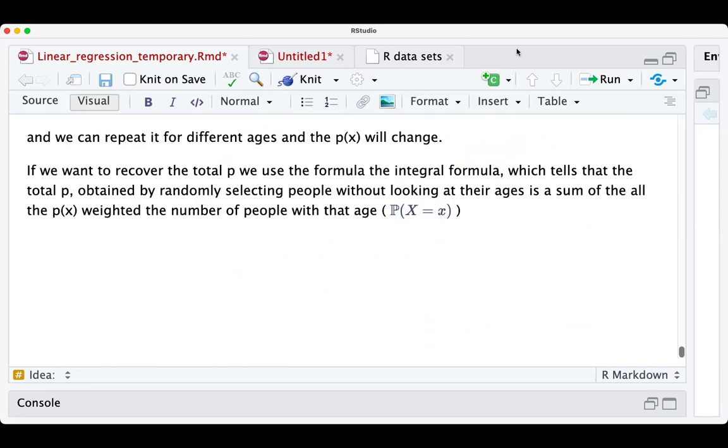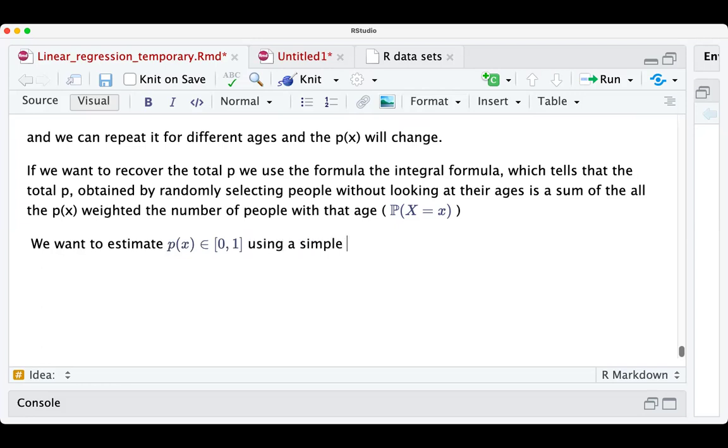So we want to estimate p of x. What do we do? Well, p of x is a number between 0 and 1. And we have seen that we want to estimate p of x with a simple function.